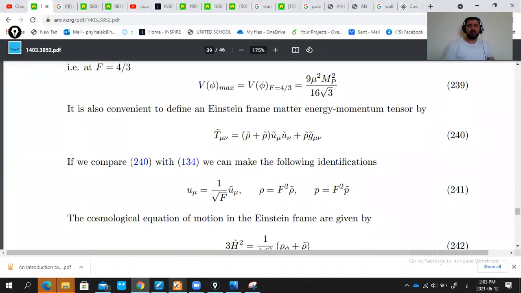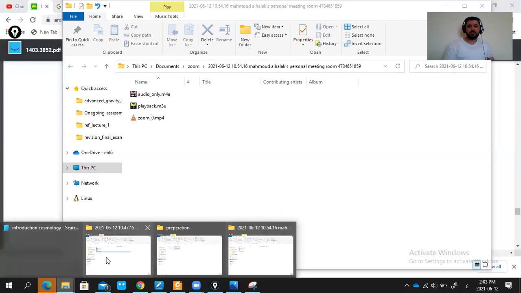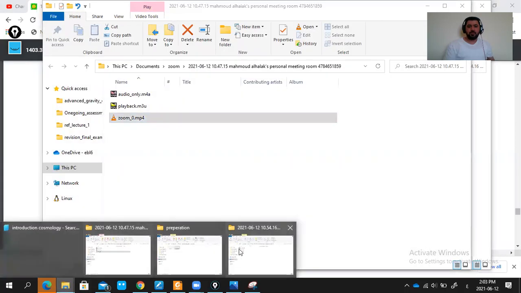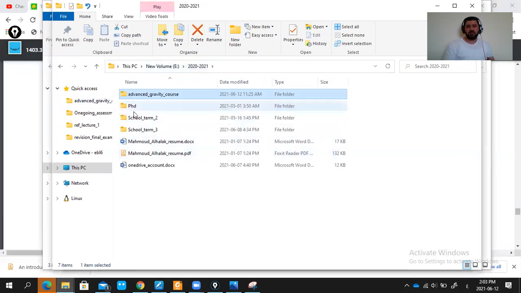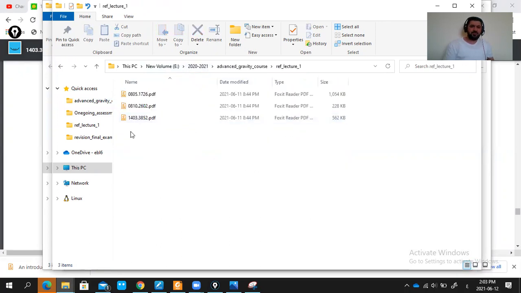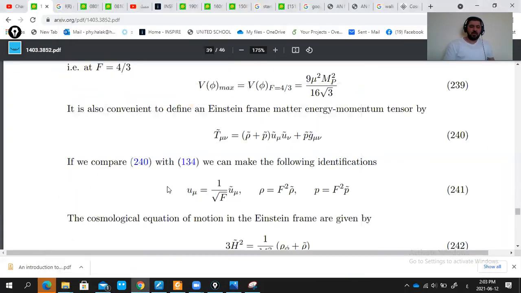We can go back to Faraoni's book about scalar geometry here. You can review this book, where it is written in detail. It is Cosmology in Scalar Tensor Theories by Valerio Faraoni.